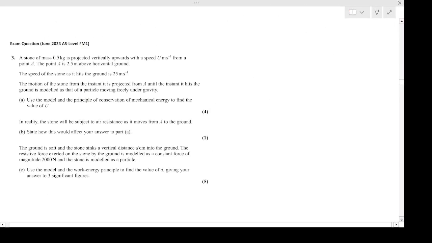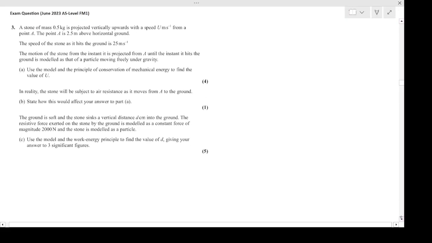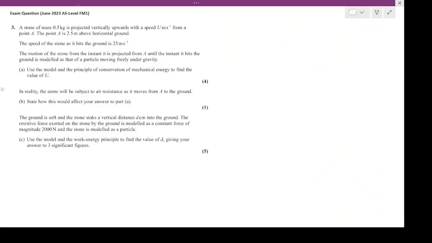Okay, so we're going to look at an exam question before we look at the last part. Here we're told a stone of mass 0.5 kilograms is projected vertically upwards with speed u from a point A. The point A is 2.5 meters above horizontal ground. The speed of the stone as it hits the ground is 25 meters per second.